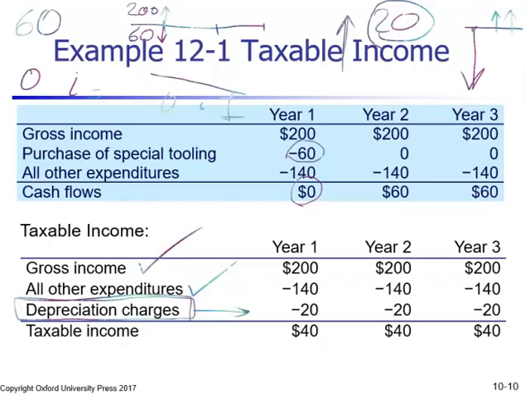And also here we have purchase of a new machine that we had it in our cash flow, but not in the taxable income, because it is not considered that regular type of expenditure, because it is a capital investment.